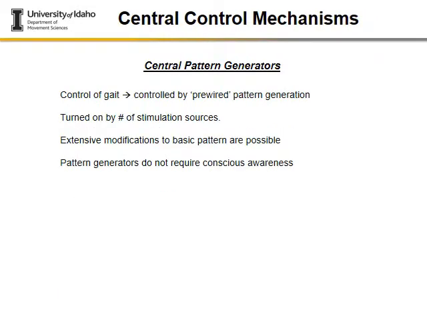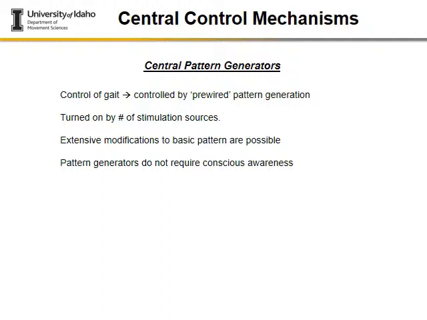So there is a pre-wired pattern generation theory, and it's turned on by some sort of stimulation in some sources. Now there's the idea that we have this basic pattern, and you have the ability to create modifications, right? The cat has a quadruped gait pattern. There is walking, trotting, and sprinting, and if you look at horses, they have the same thing.